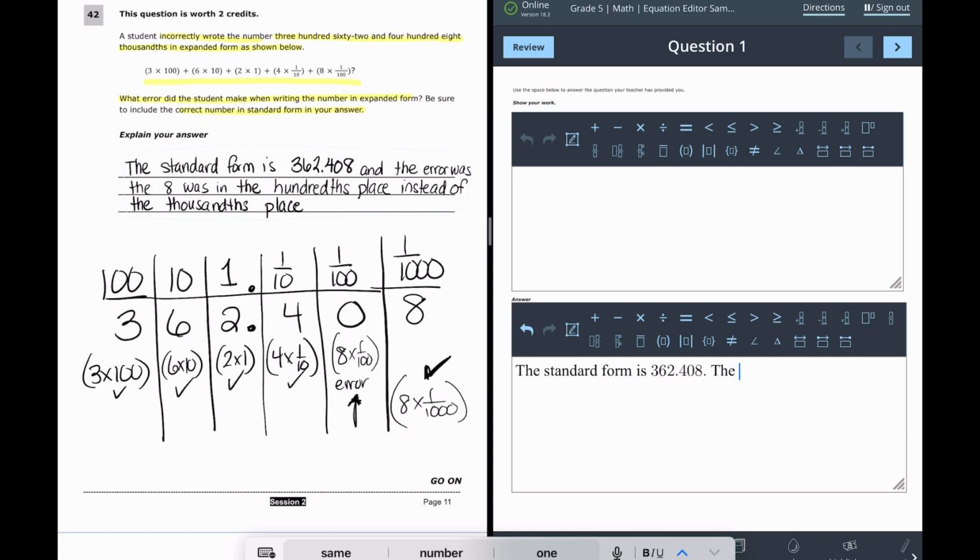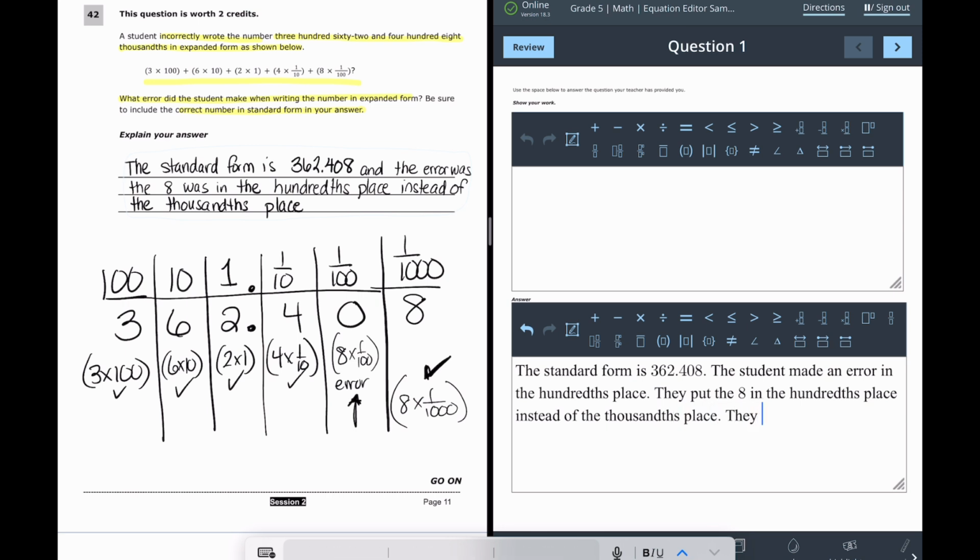The error, the student made an error in the hundredths place. They put the 8 in the hundredths place instead of the thousandths place.